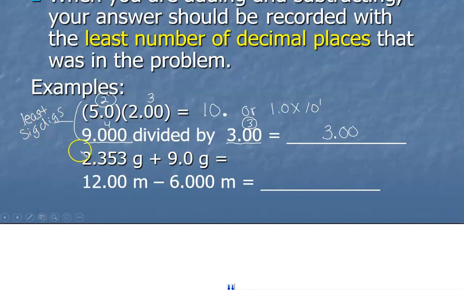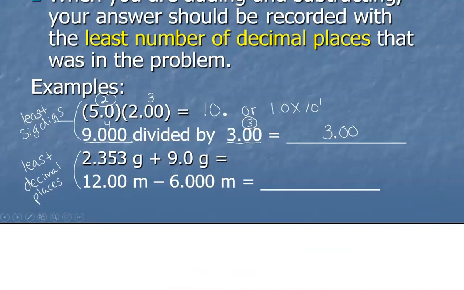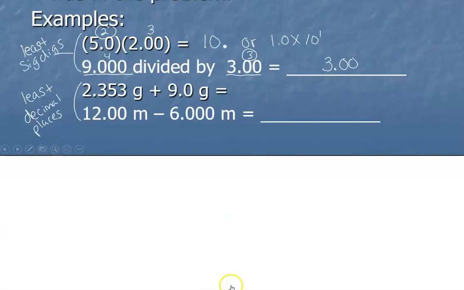Now we're going to add and subtract, and these are going to be least decimal places. Okay, so I'm going to use that first one as an explanation because this one I hope was going to make sense to you.